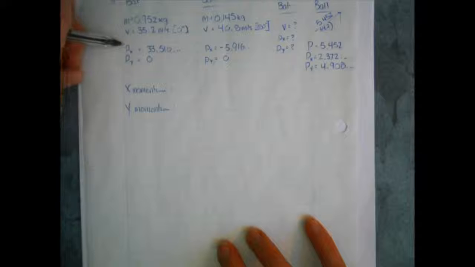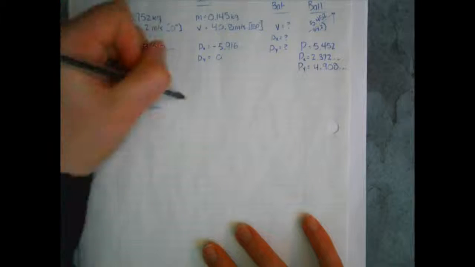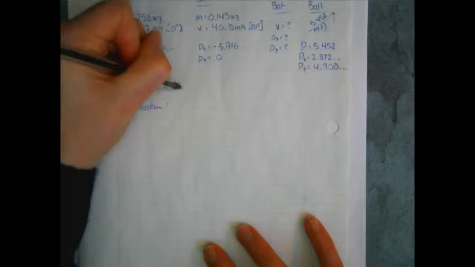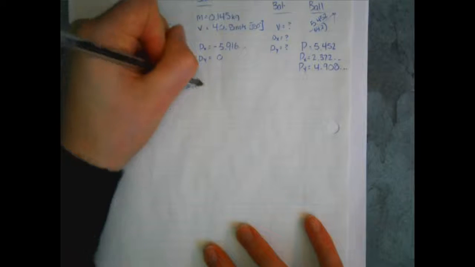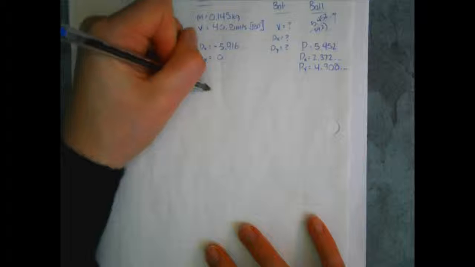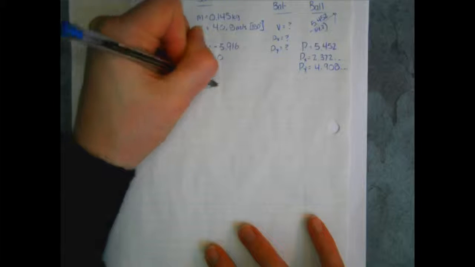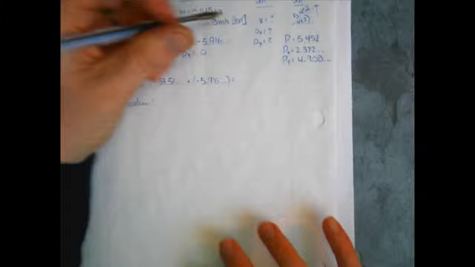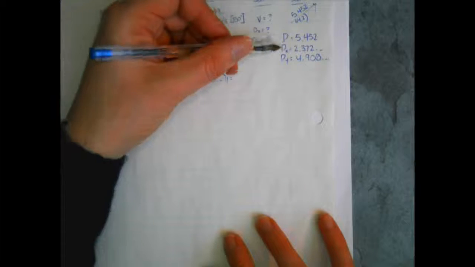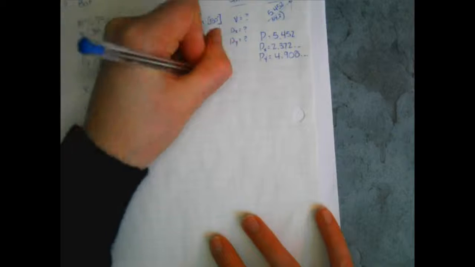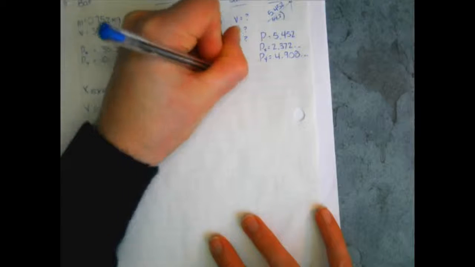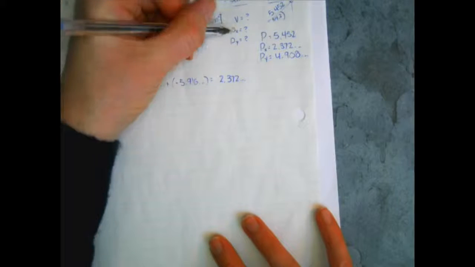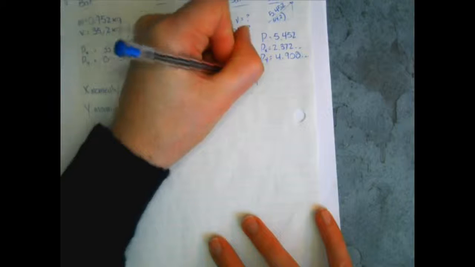And so if we look at before, we're given 2x momentums. So we have a positive 33.51 plus this negative 5.916. And it's going to be equal to, let's see, our px here, which is positive 2.372, plus our unknown px.